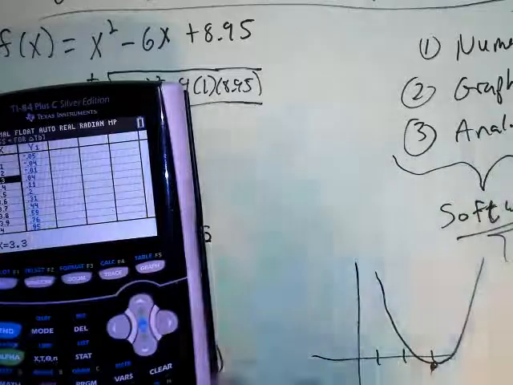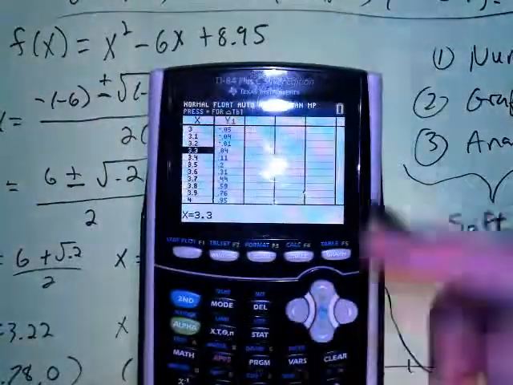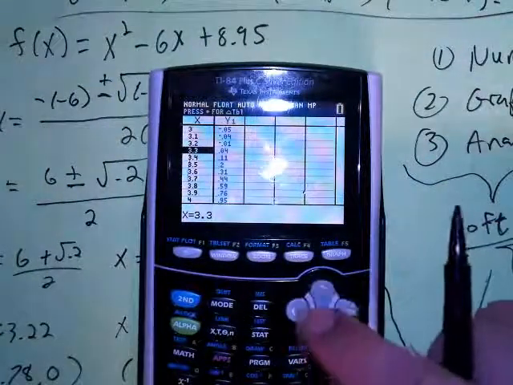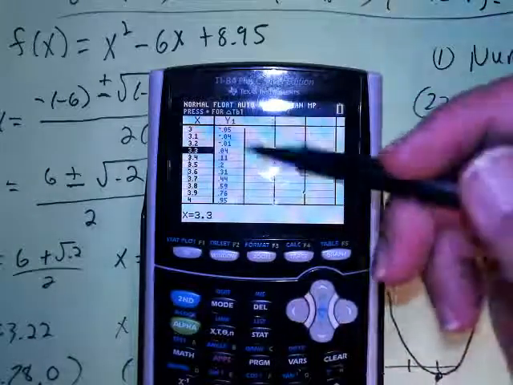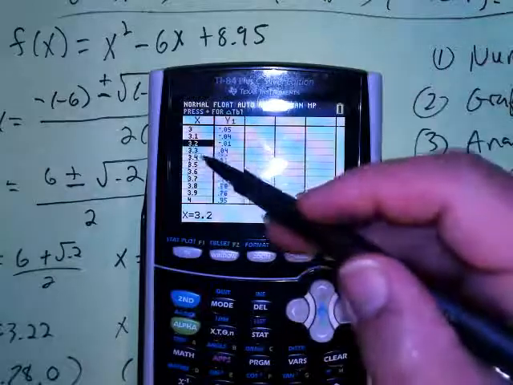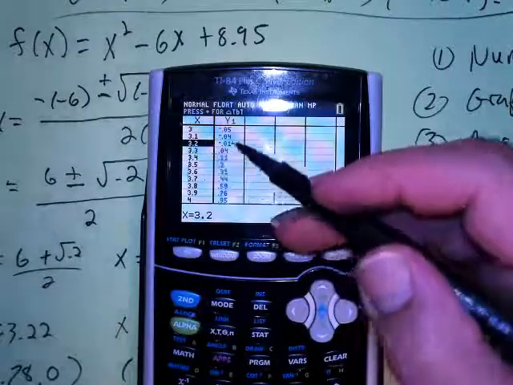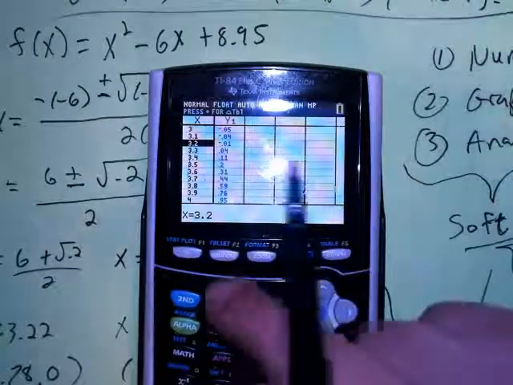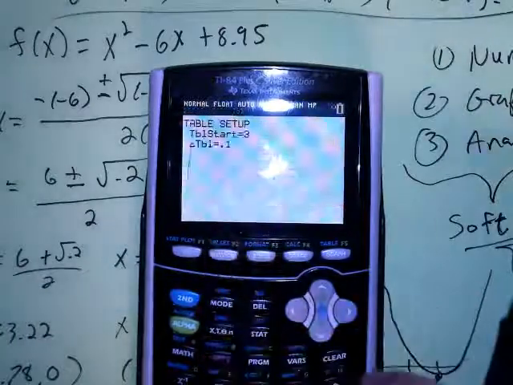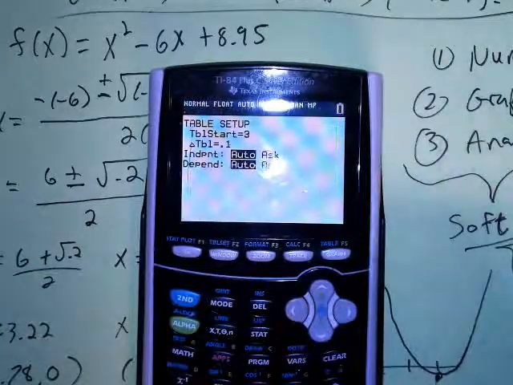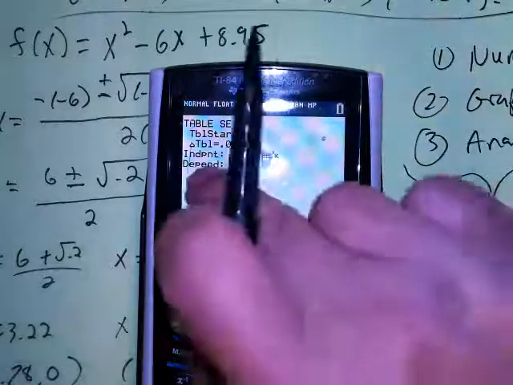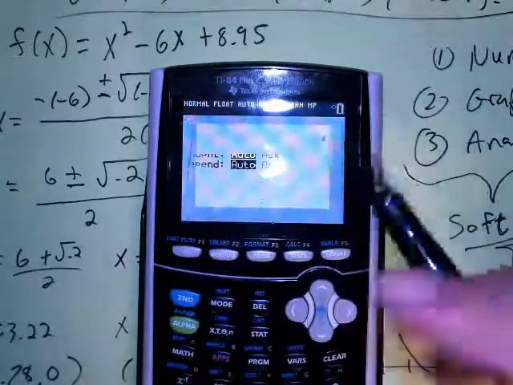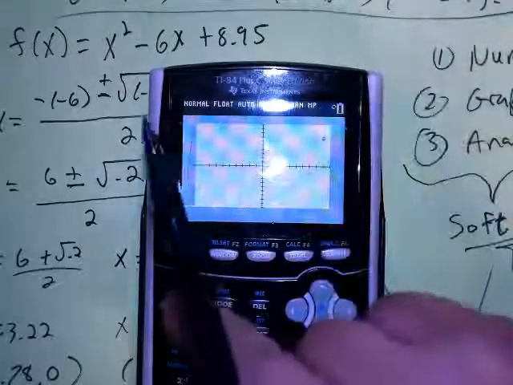So what I can do is start it on 3.2 and go up by 0.01. In other words, second table set, I go to 3.2, but then go up by 0.01.